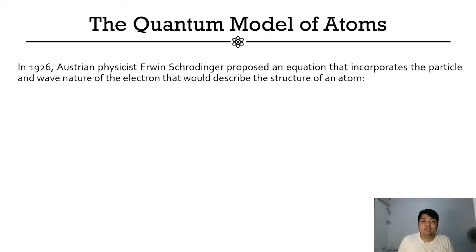So in 1926, the Austrian physicist Erwin Schrödinger proposed an equation that applies the de Broglie nature of matter.